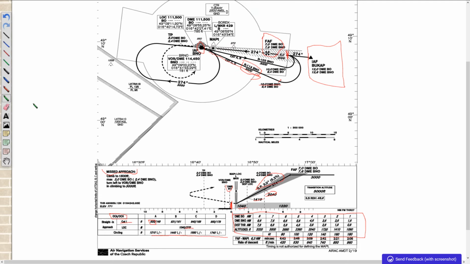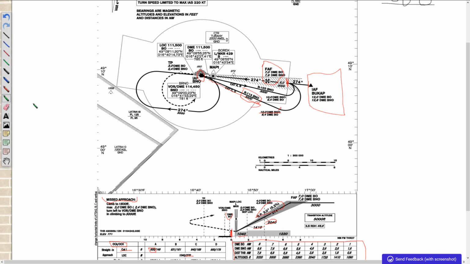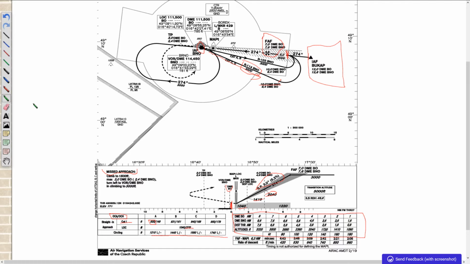I don't know. Maybe it is just some mistake. Maybe it's for a different procedure. Since you have the localizer, it might be for someone who doesn't have ILS. If you do not have the ILS, you do not use this procedure.